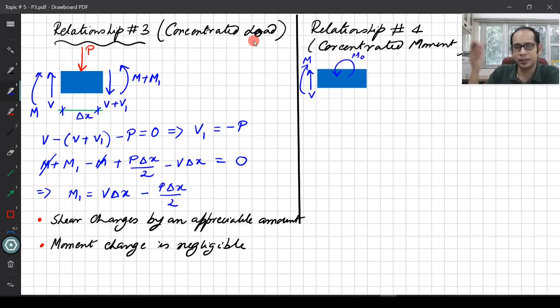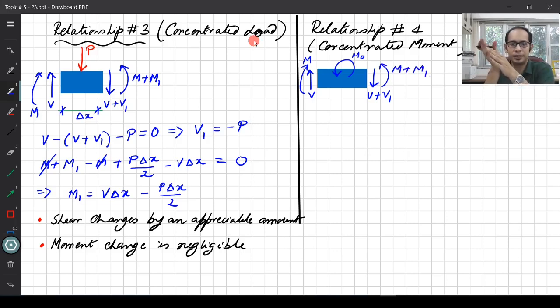Since I'm going to the right, and I'm expecting some appreciable change in shear and in moment, I'm going to mark a V plus V1 and an M plus M1 at this particular point.